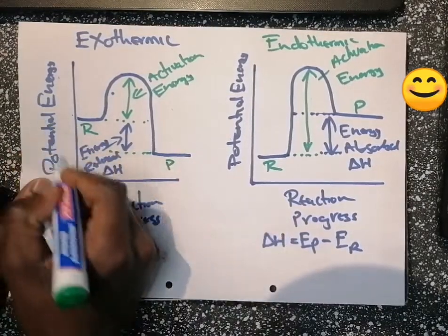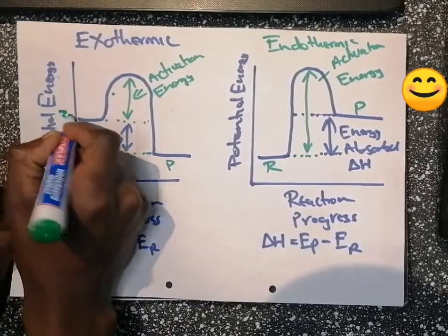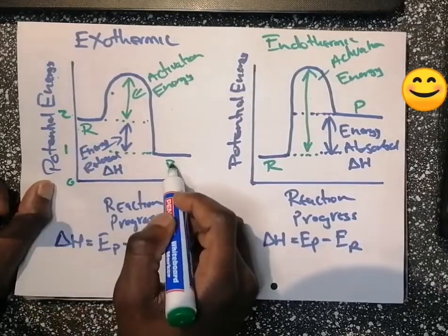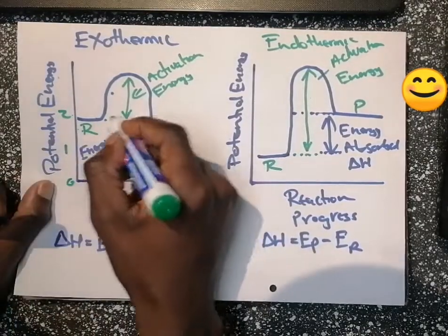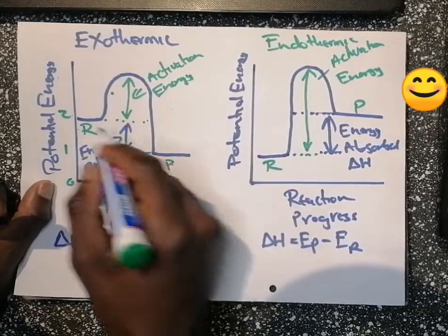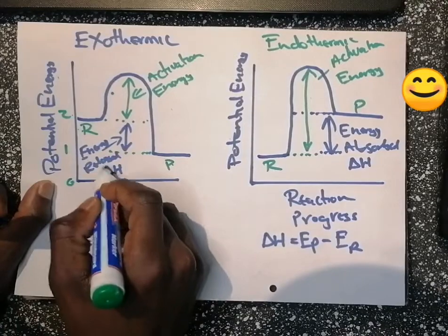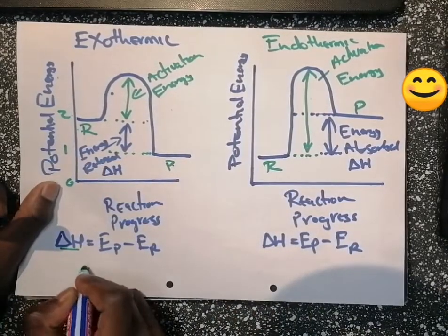Let's see what's going to happen. Remember, this is a graph. Let's say this was 0. Let's say this is 1. This is 2. Now, if you look at it, R stands for reactants, P for products, right? So the difference between the energy of reactants and product is our heat of reaction, delta H, the energy released. So let's calculate delta H here.